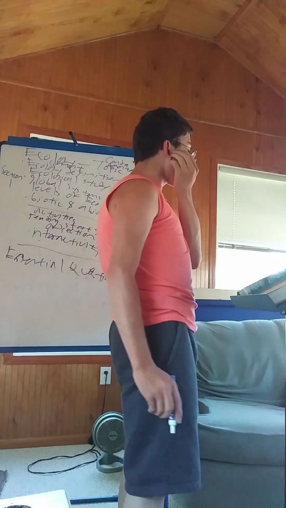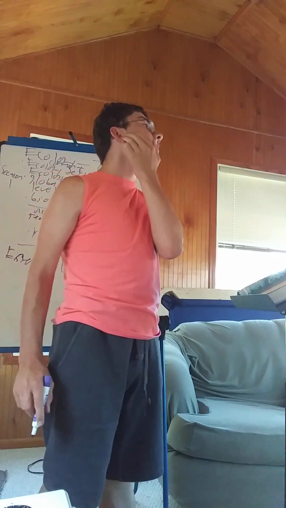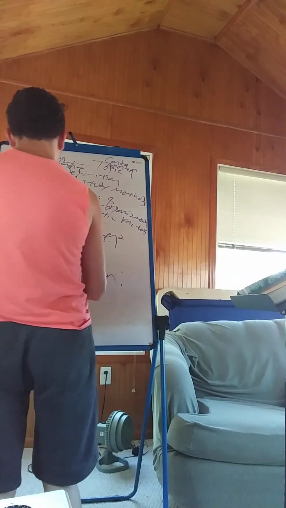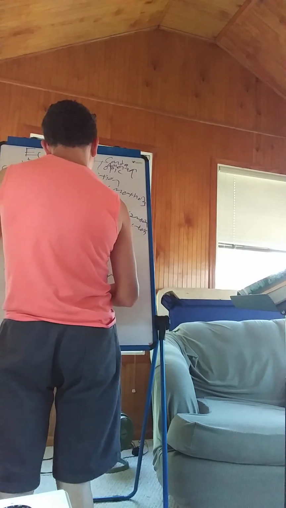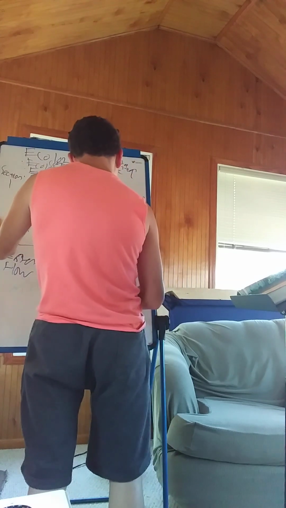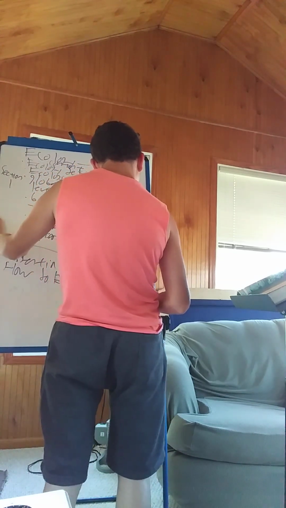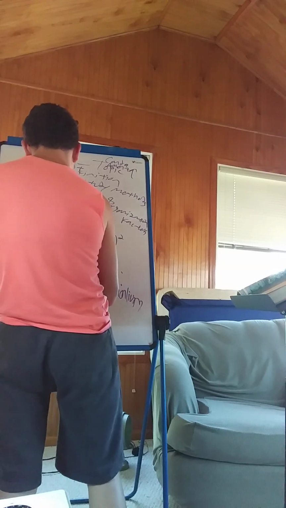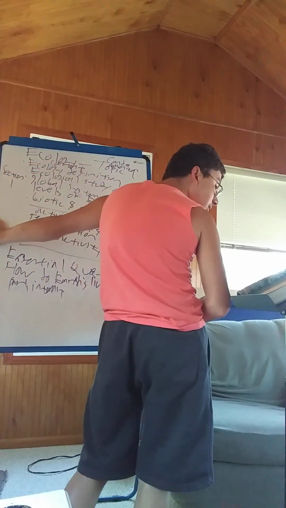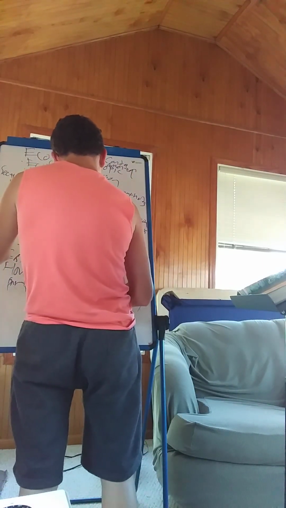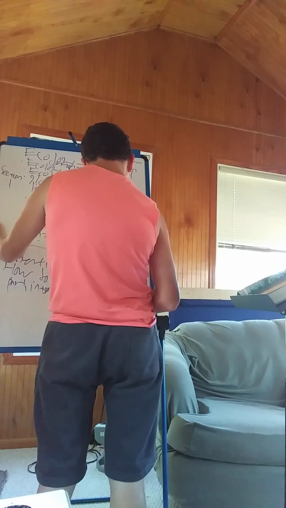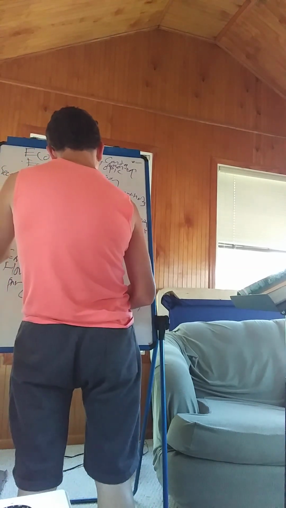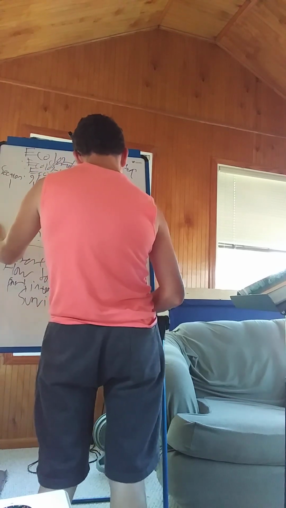So if we're talking about science, particularly biology, then the question is, and I'm going to write this down: how do Earth's living and non-living parts interact and affect the survival of organisms? This is going to stay up there till we're done with it.